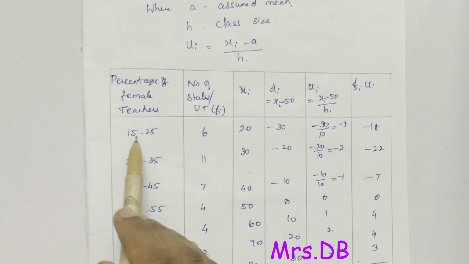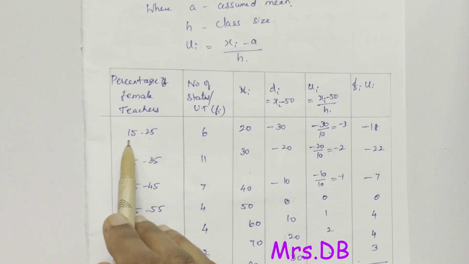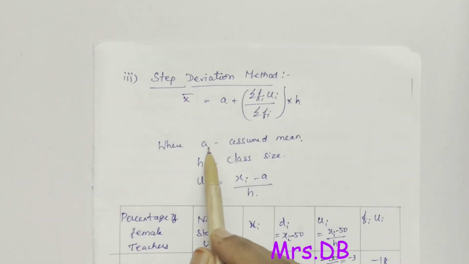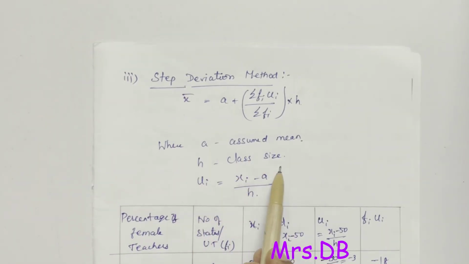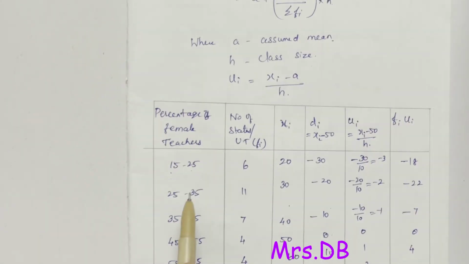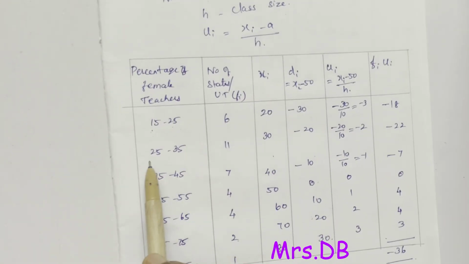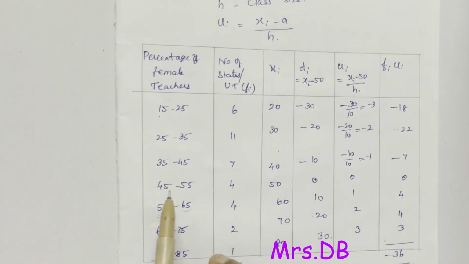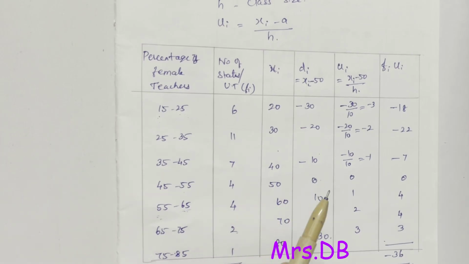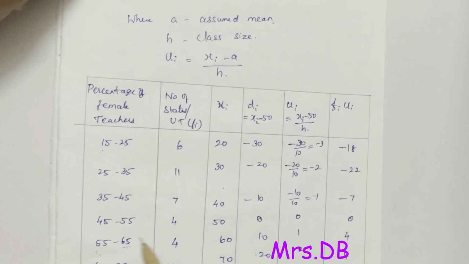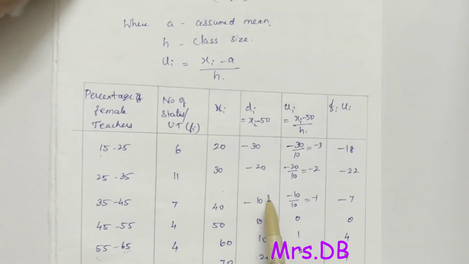That is the class size. Upper limit minus lower limit is the class size, that is h. I have written here a is the assumed mean, h is the class size. That class size is the difference between the intervals. Upper limit minus lower limit is the class size. Here all the class sizes are the same. The difference between these two numbers is 10 only. So we can divide this di with the class size h.